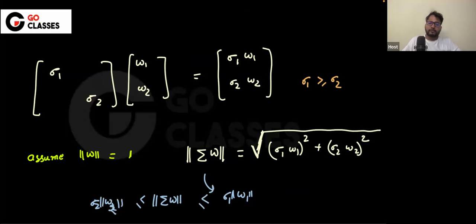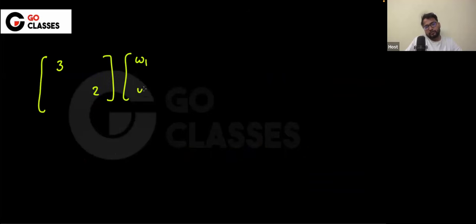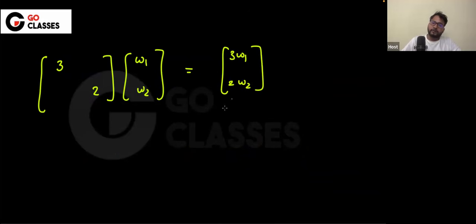Are you getting a little bit? See, what I'm trying to say, it's not that hard. Suppose you have 3 and 2. You multiply w1 and w2, then you will be getting 3w1 and 2w2, right? So if I just ask you the length of this vector, however you denote it, actually this is sigma into w.